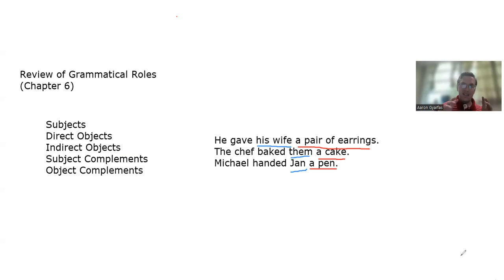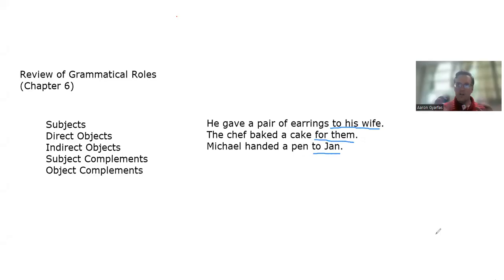And we can see this more distant relationship between the verb and the indirect object because we can rewrite these sentences with a prepositional phrase, placing that indirect object into a prepositional phrase. He gave a pair of earrings to his wife. The chef baked a cake for them. He handed a pen to Jan.